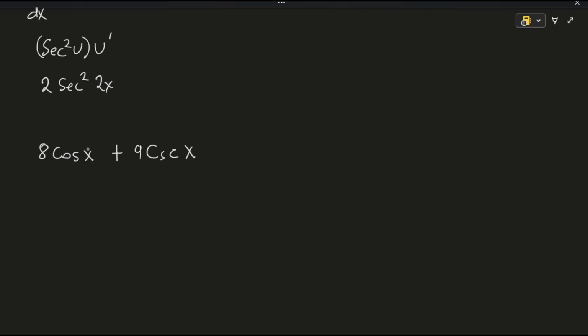Now, we would have to recall that the sum or difference of two differentiable functions is the sum or difference of their derivatives.